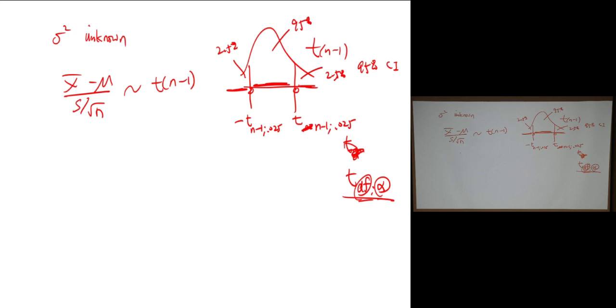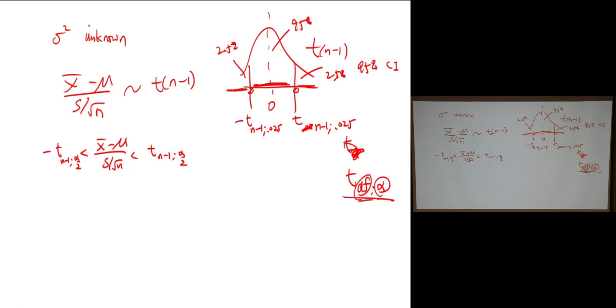So now I can write down that x bar minus mu over s over root n lies between these two numbers, minus t n minus 1, alpha over 2, and t n minus 1, alpha over 2. Now I can do that because the T distribution is symmetric about 0. The value t n minus 1, 0.025, greater than this value is 2.5%.